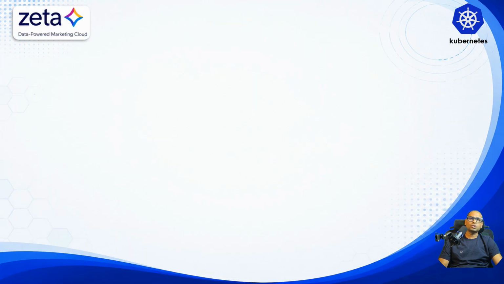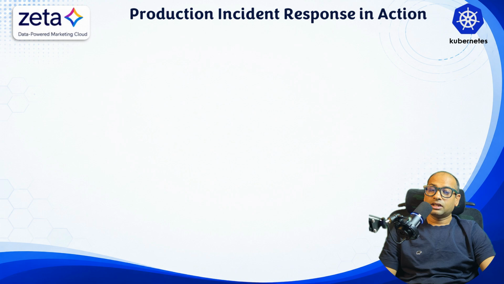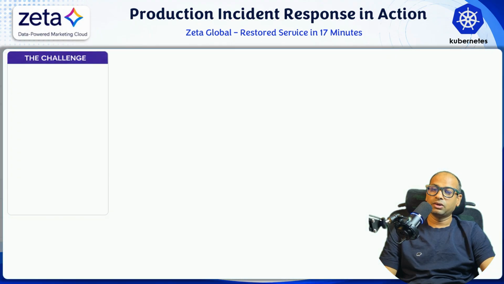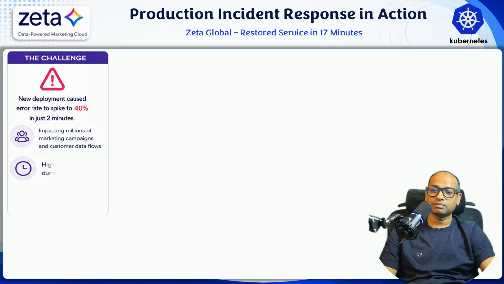You should provide the actual MTTR in your current environment, the current systems you are working with. That gives the interviewer more trust and confidence. Production incident response in action, like Zeta Global, restored service in 17 minutes. A new deployment caused the error rate to spike 40% in just 2 minutes, impacting millions of marketing campaigns and customer data flows.